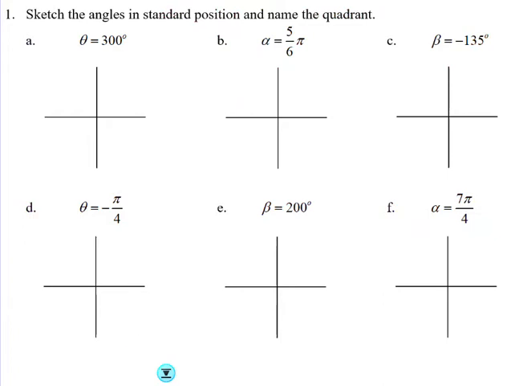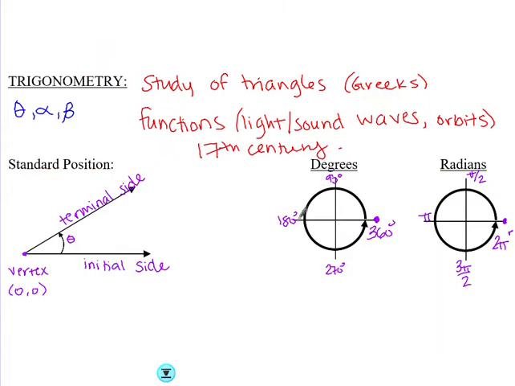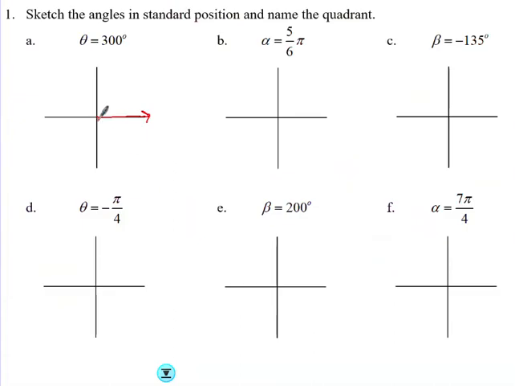So, standard position has the initial side on the positive x-axis. If theta is 300 degrees, well, we said above that going 3/4 of the way around the circle would be 270 degrees. So 300 degrees would be about here.